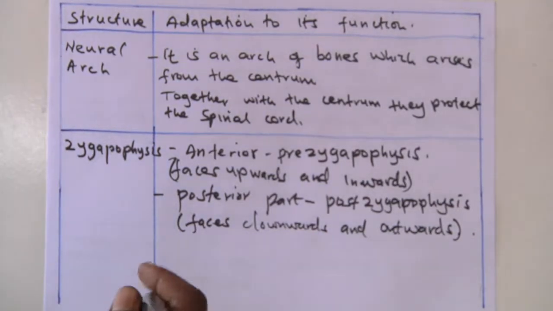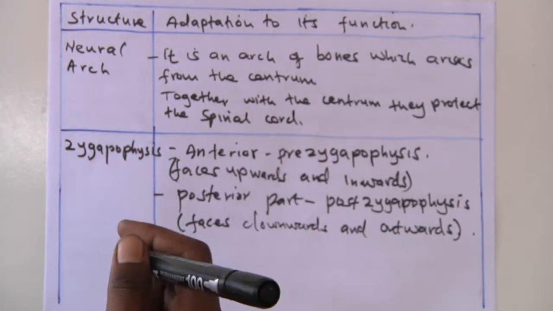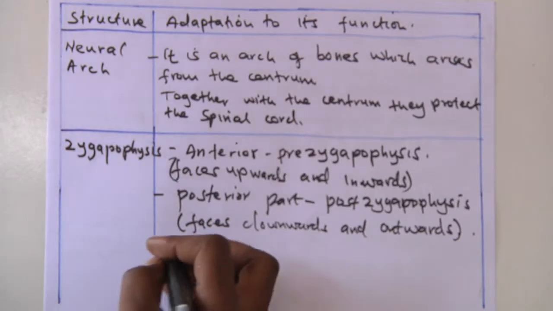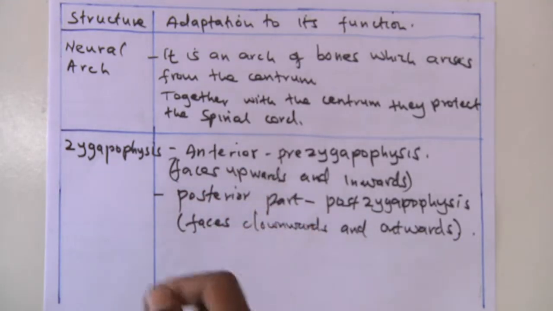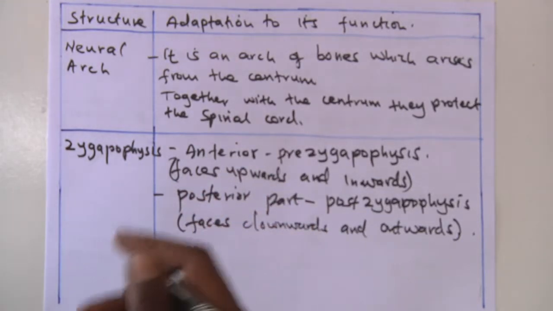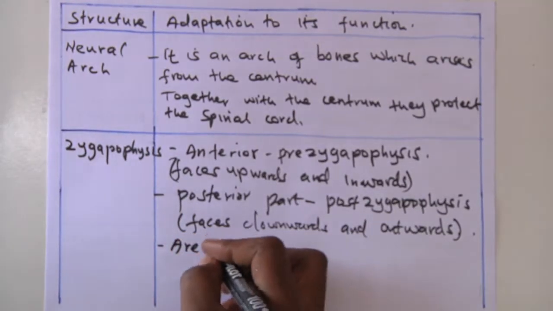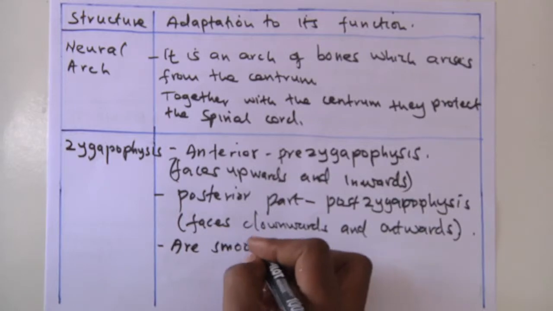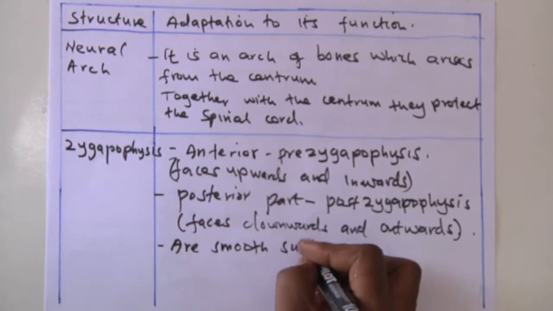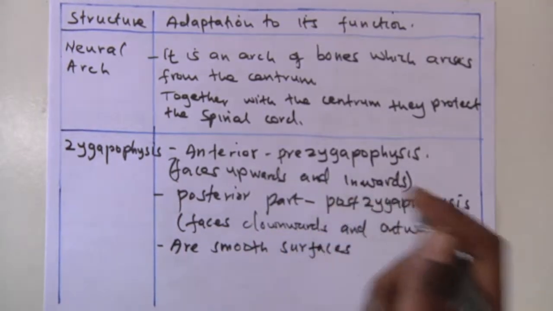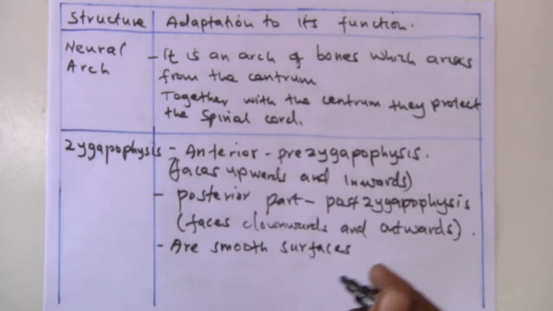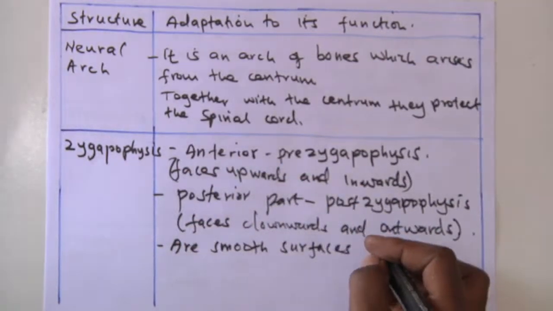And these zygapophyses, what do they do? They are going to be providing that smooth articulation with the successive vertebrae. So they are smooth surfaces, the facets. And what is the importance of these smooth surfaces?